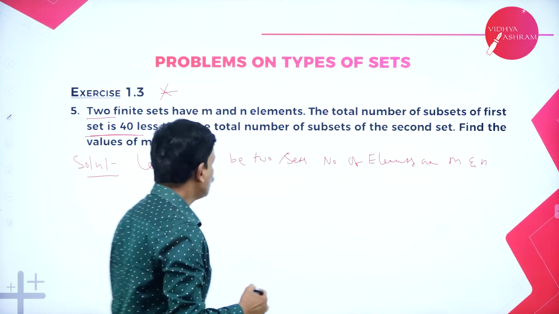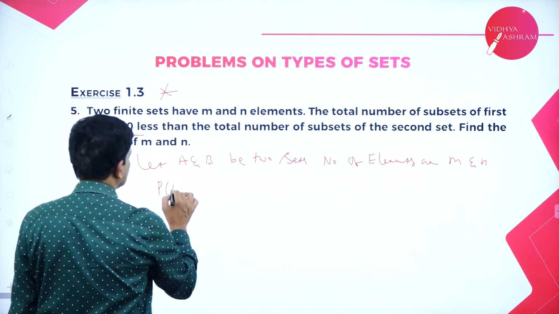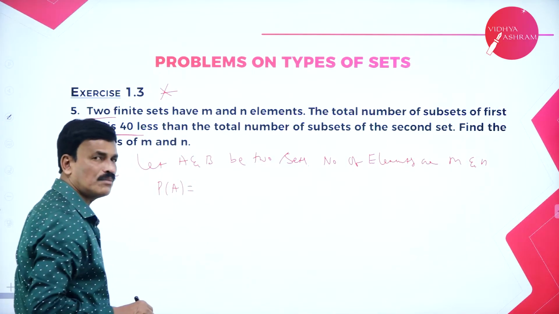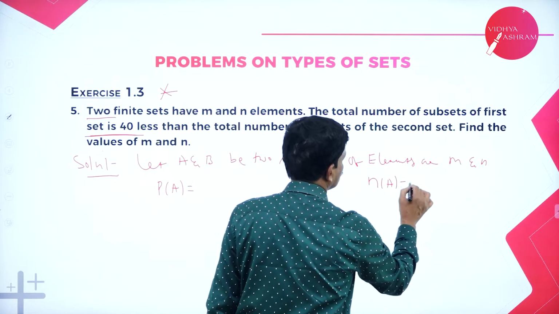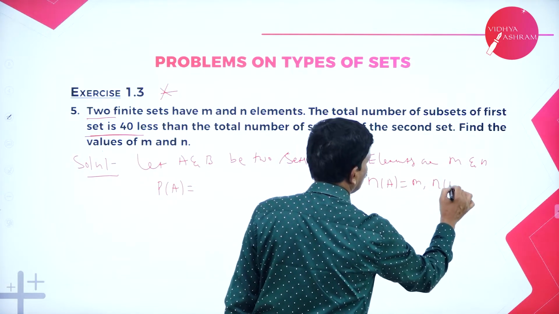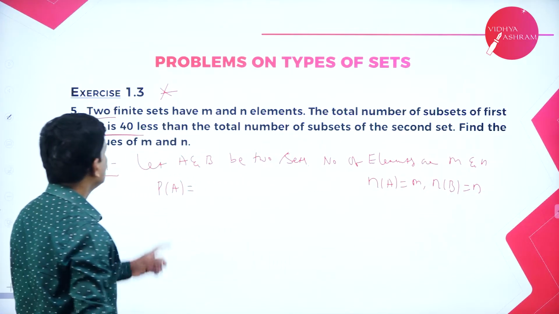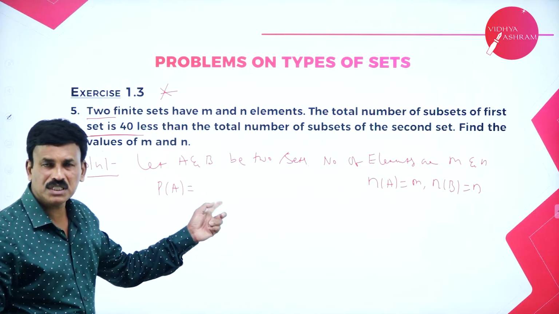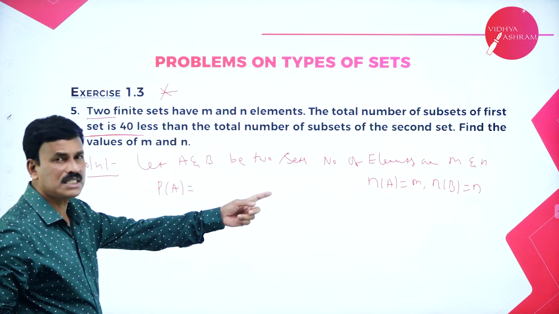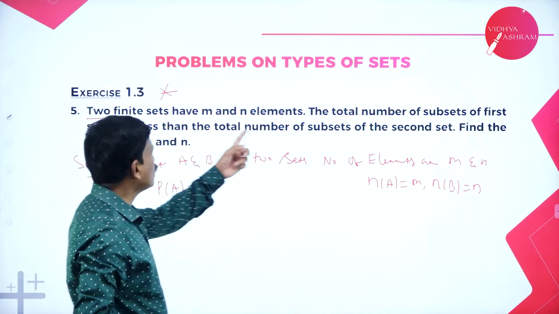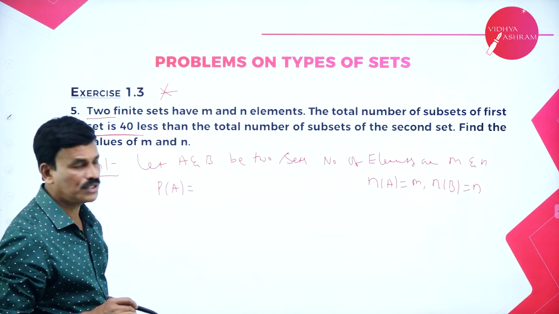So n of A is equal to m and n of B is equal to n. The number of elements of the set A is m and the number of elements of the set B is n. Now let us find out the subsets.